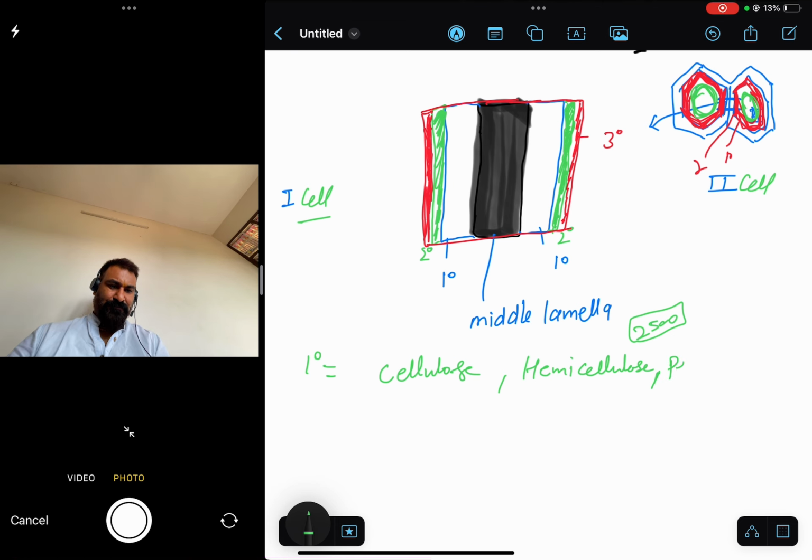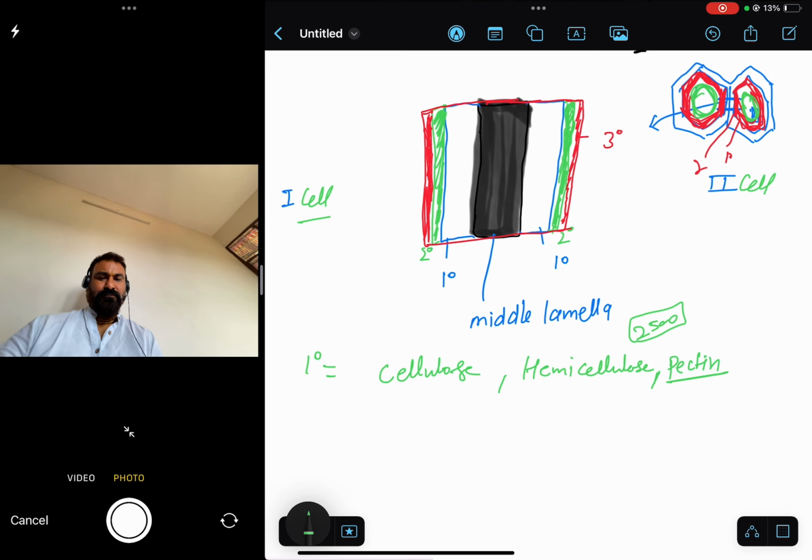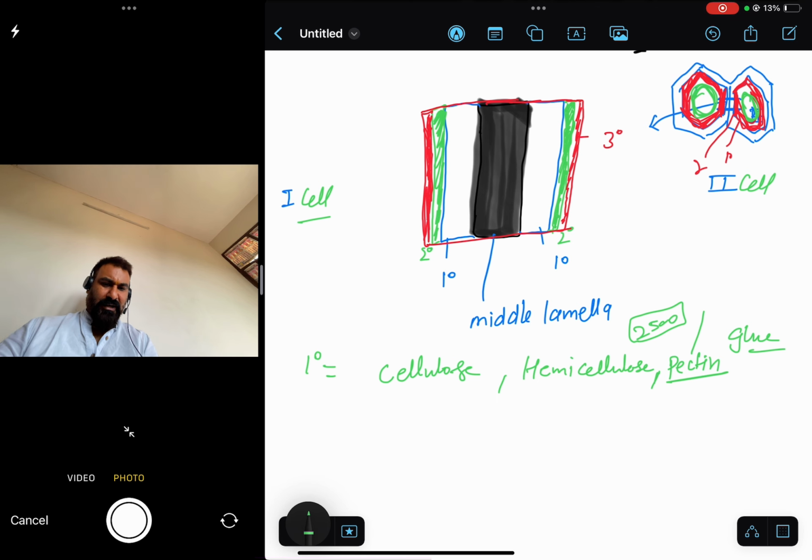And the third is pectin. Okay, this pectin acts as a glue, its job is to stick things together. And cellulose are the fibers like this.